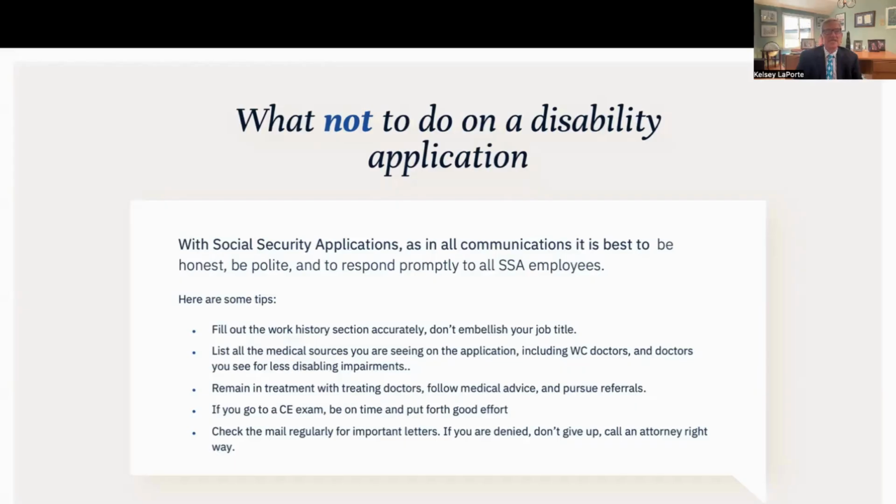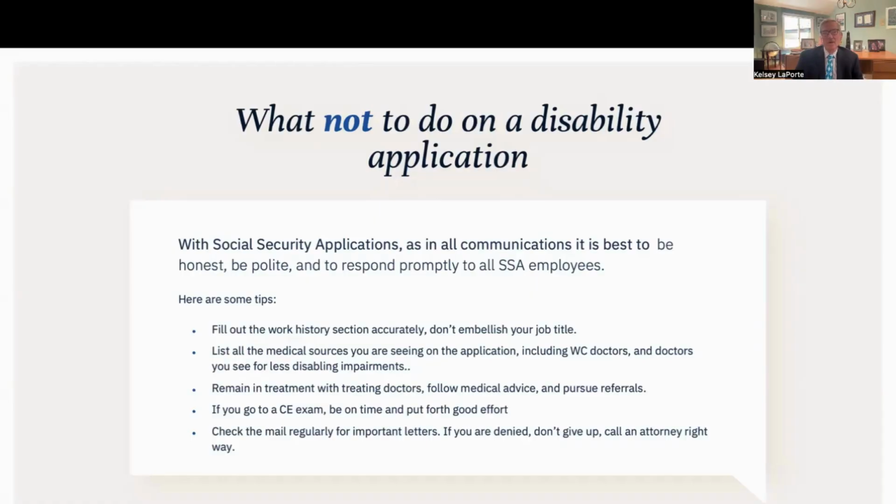These are opinions that are provided, and their reports are given some significant weight by the decision maker, who again is a physician who has never seen you and reads the Social Security examining doctor's report, but also all of the medical records, all of the medical opinions and assessments from your doctors.